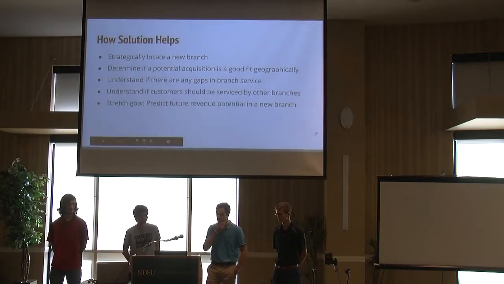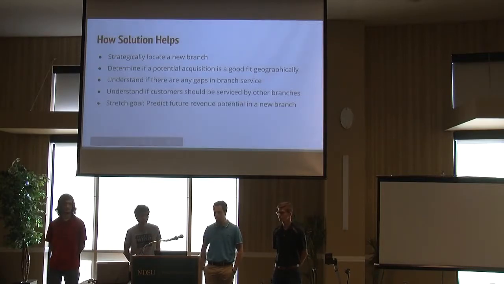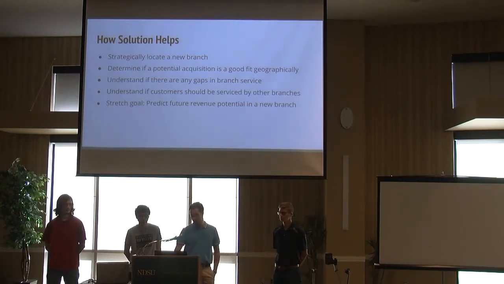Okay, and there are a couple of different ways that this solution will help Border States. First, it'll strategically locate a new branch, so they can figure out if there are any gaps in branch services.